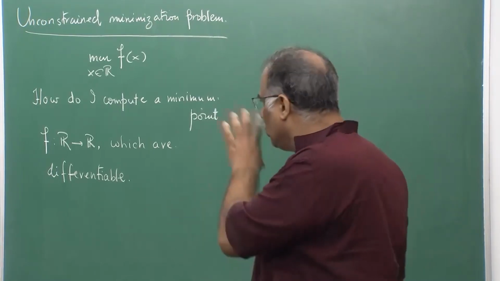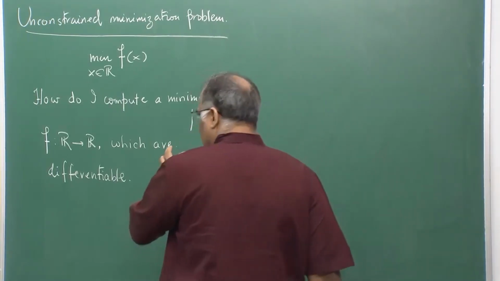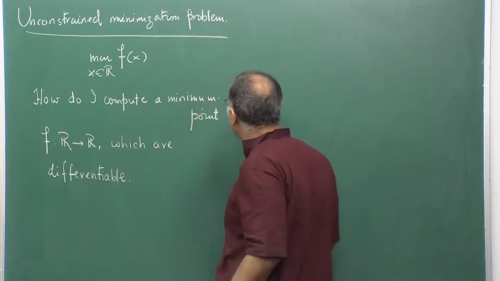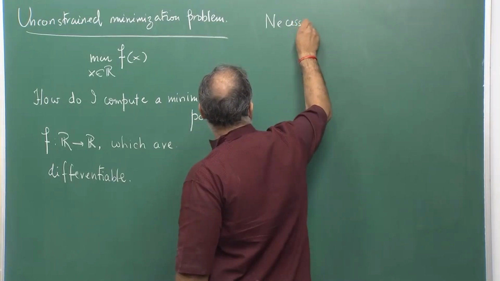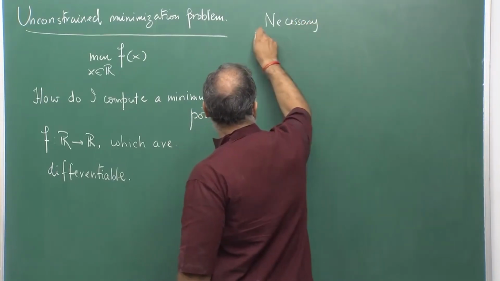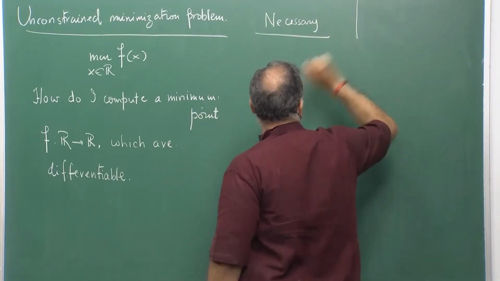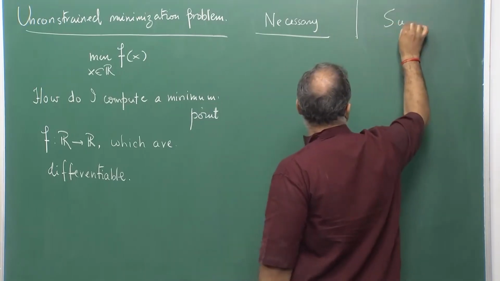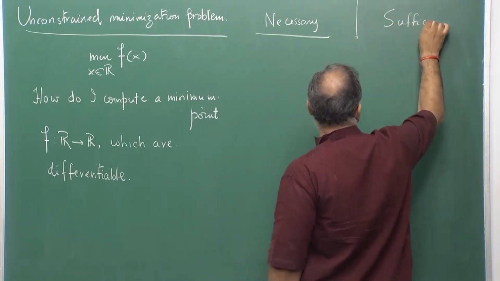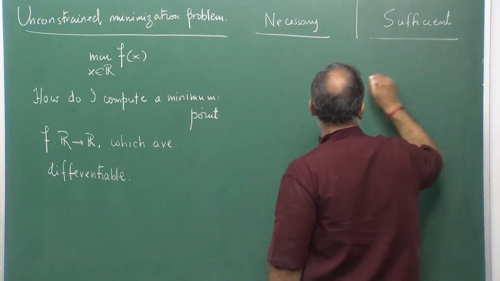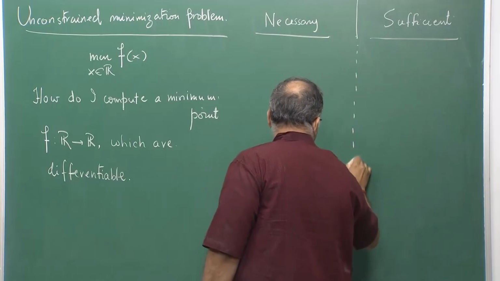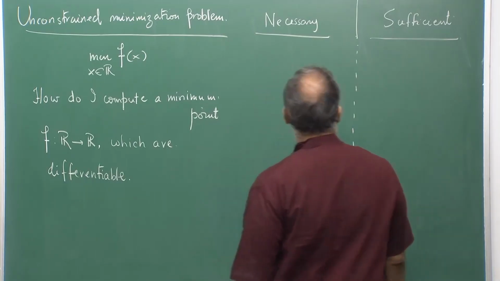So, there are two aspects of this computation of a minimum. One is the necessary part and one is the sufficient part. So, we will put this bordering wall between the two.